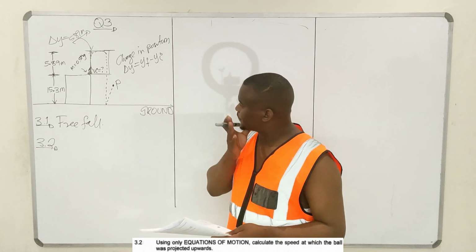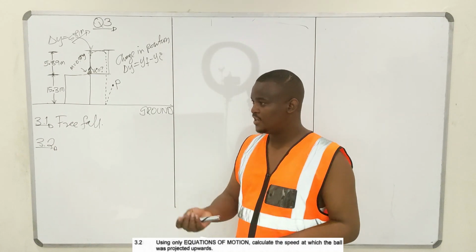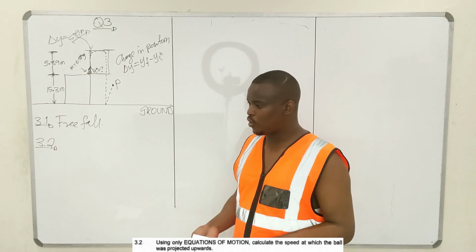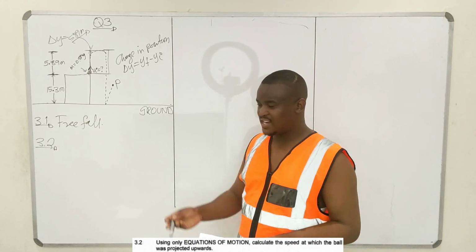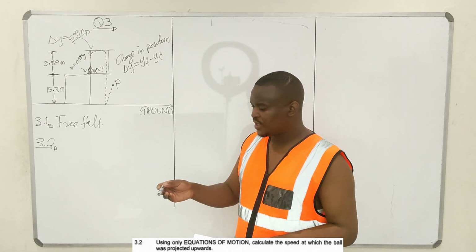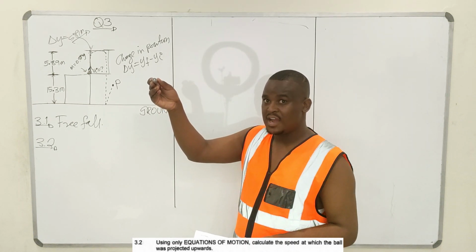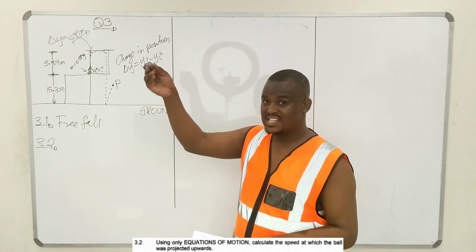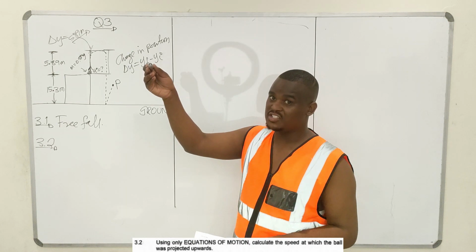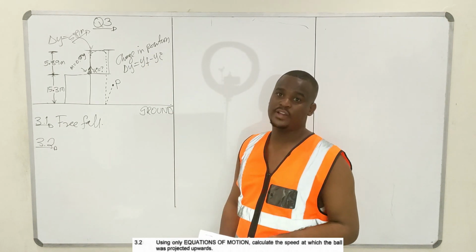So, if you throw something upwards, let's say I throw this, at some point it goes up and then returns. When it goes up, its velocity decreases up to a point where it is zero. Then when it reaches that velocity of zero, it cannot go up anymore, so it returns by going down.